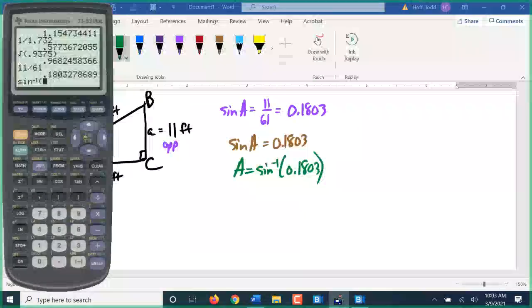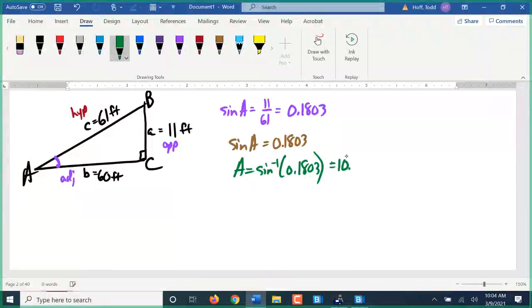Rather than punching that number back in, I'm just going to do second answer, telling my calculator to use that previous answer so that I don't have to write it down and type it in, which rounds it off. That gives me 10.39 degrees. So this angle here is 10.39 degrees.